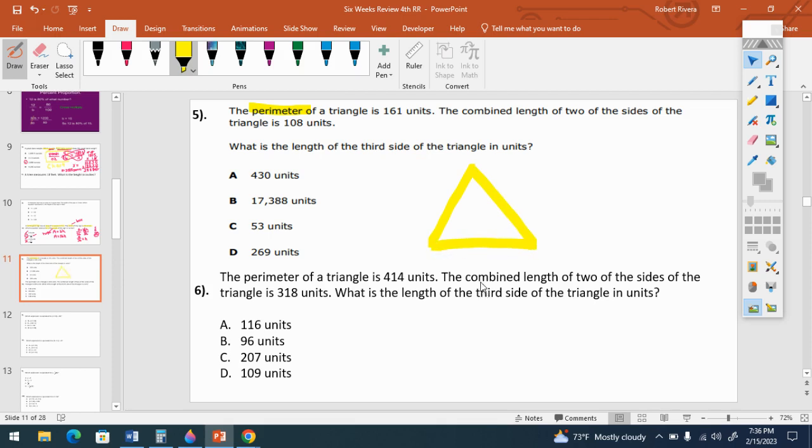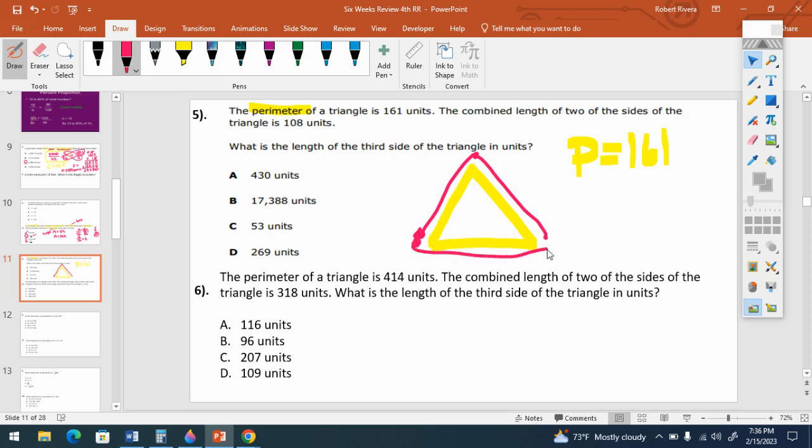And like I said, they already told me that the perimeter, the P, is already 161. That means that if I go from here to here, and then this way and measure with a ruler, and then a little bit more, and then this way and measure with a ruler, the total would be 161 because that's my perimeter.